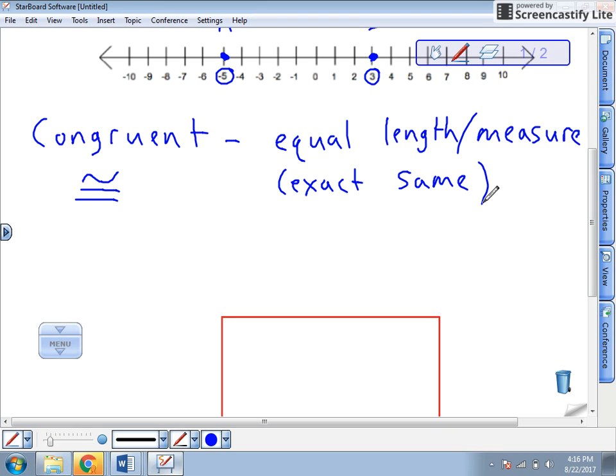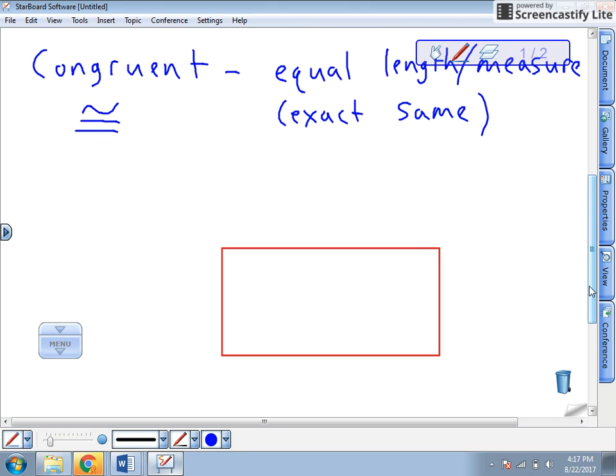So one way that they'll represent congruent is with tick marks. Here's an example. I've got a rectangle drawn here, and I've added a tick mark, a simple slash. So that is what a tick mark looks like. If you see that 2 segments have the same tick mark, that means they are equal.